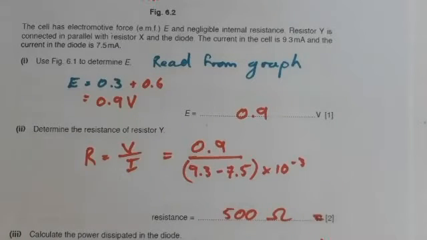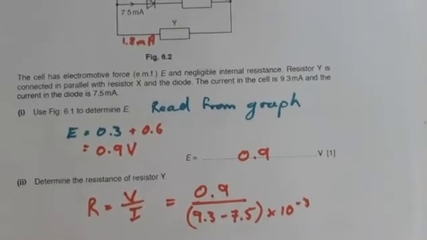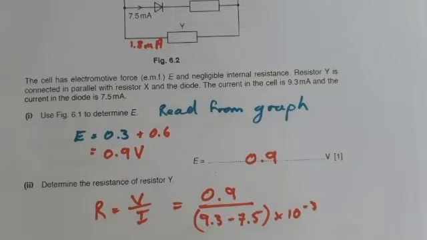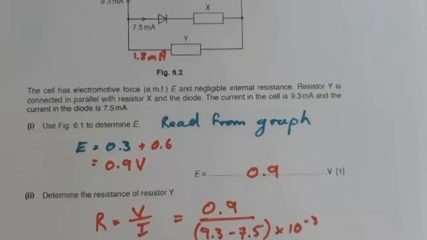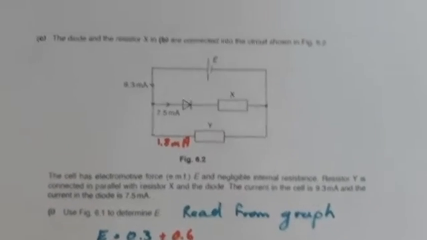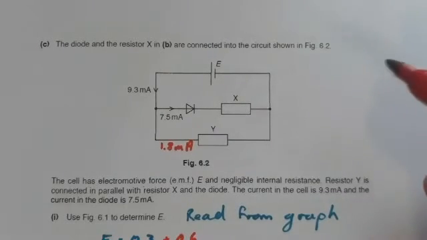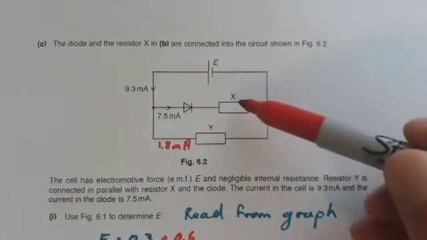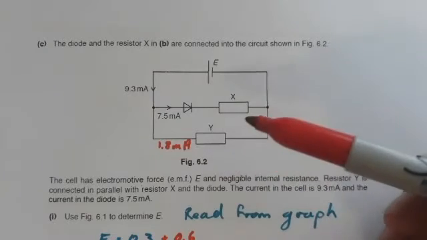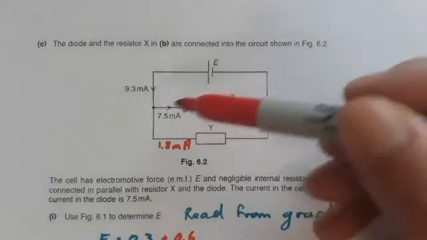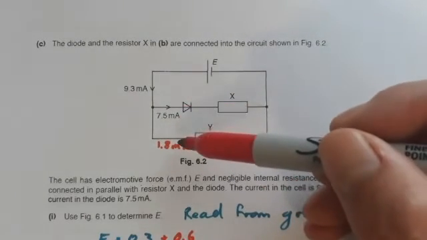Let's look at question number C here. So a nice few questions, and again, they bring it all back to the graph. You always need your graph close by. So now, let's read the question. The diode and the resistor X are connected into the circuit. So there's my diode, there's X, and there's Y. And we're applying Kirchhoff's law quickly, just before anything is asked in the questions.